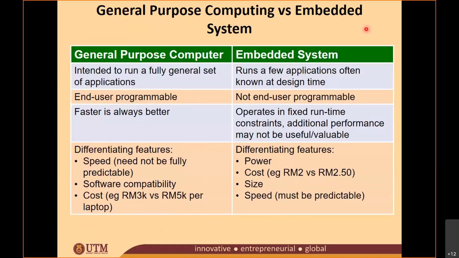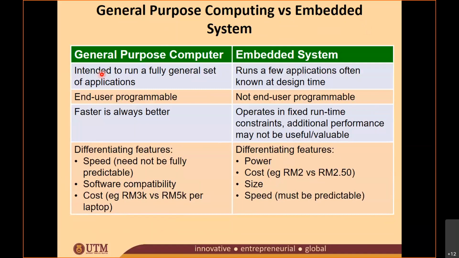Okay, so sekarang kita nak cuba bezakan antara general purpose computing ataupun general purpose computer dengan embedded system. Kita nak classify antara between these two. Satu komputer, satu embedded system. Apakah yang membezakan mereka?